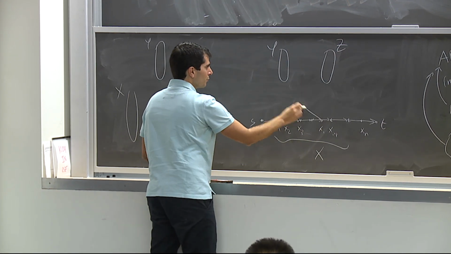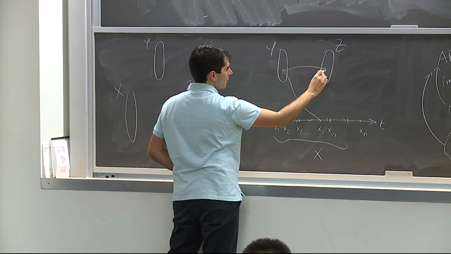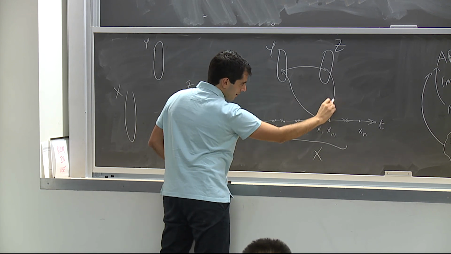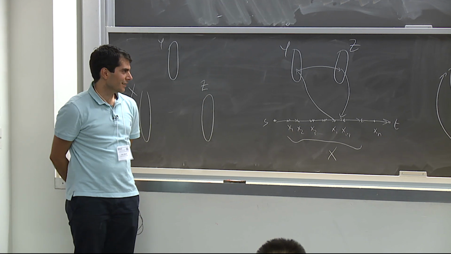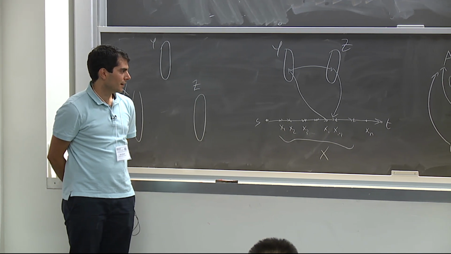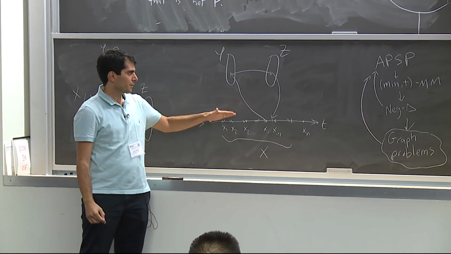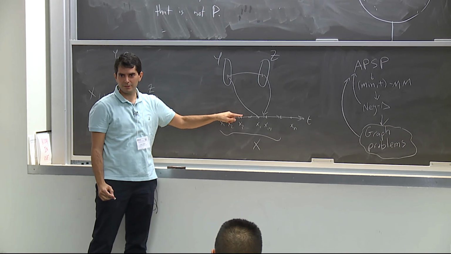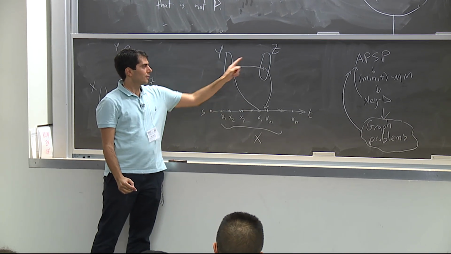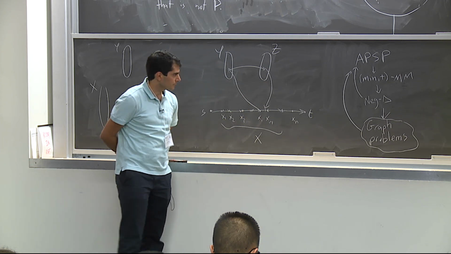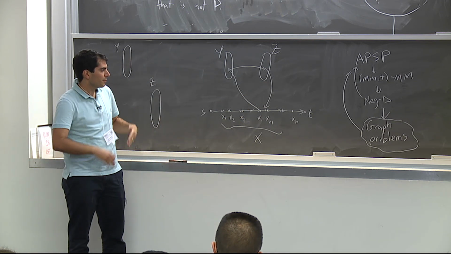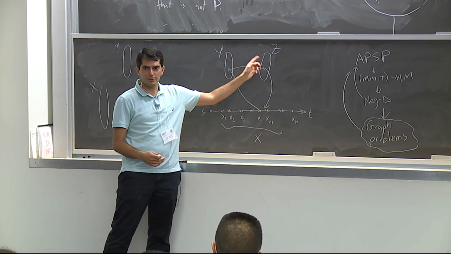I want you to exit here, take some edge like this, and then come back. So like this, the second shortest path will have this form. It will leave the path at some point, go and come back right then, and then continue to t. And the cheapest way to do it would correspond to the cheapest triangle in the graph.